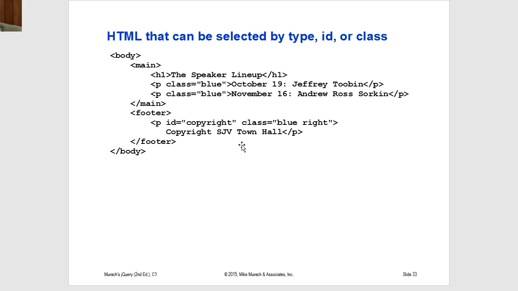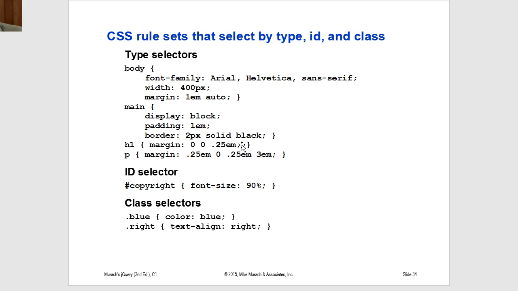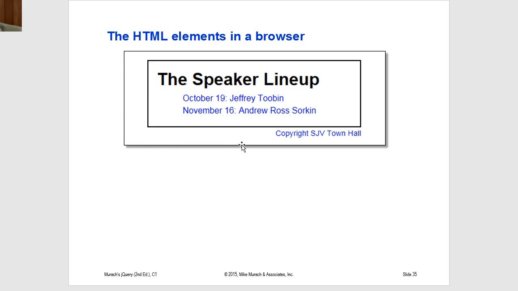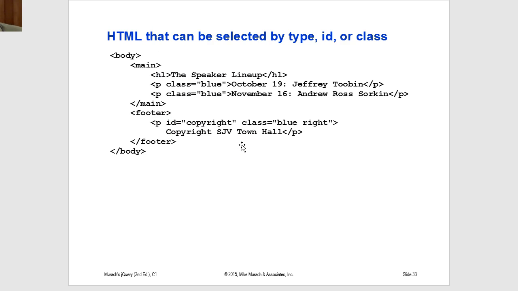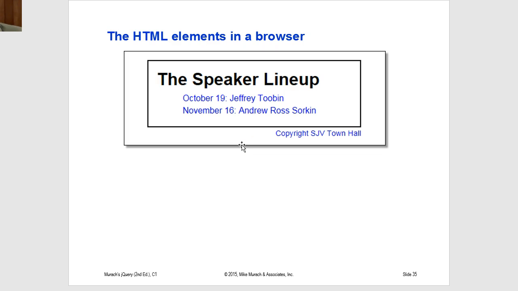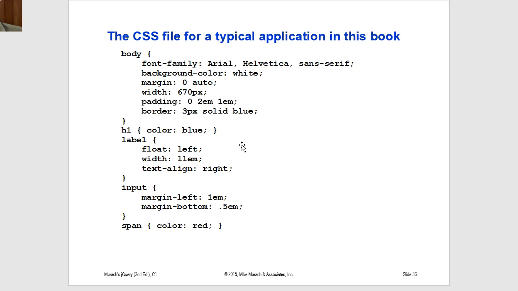Where it says class equals blue, you can see the class selector is going to be the color blue. So if you went p dot blue, it will reference the p with the class blue. Now here you can see how the h tag and the p tags and that copyright tag are all blue because the class was added to them in the call.